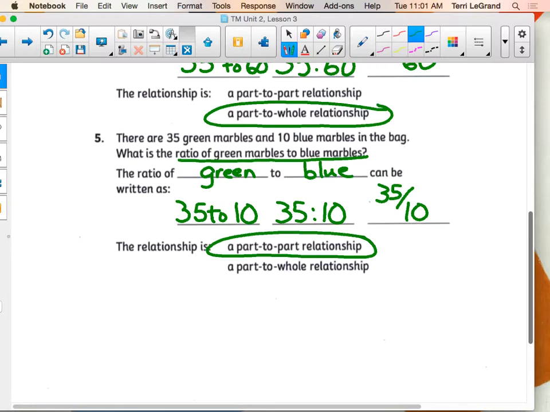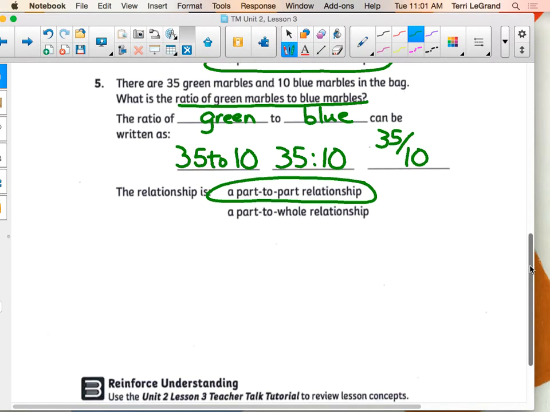5. Yeah, it's 5. So couldn't this also be renamed? How many 5s can you take out of 35? 7. How many 5s can you take out of 10, Delia? 2.